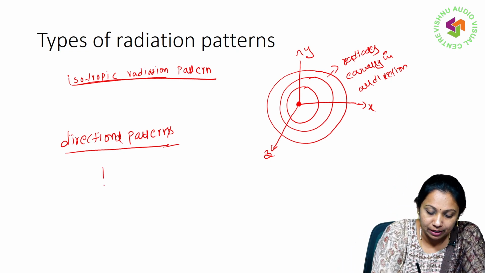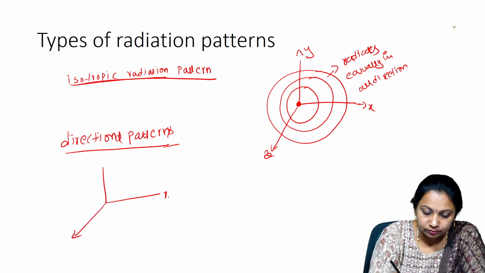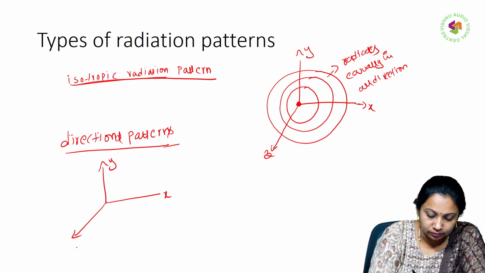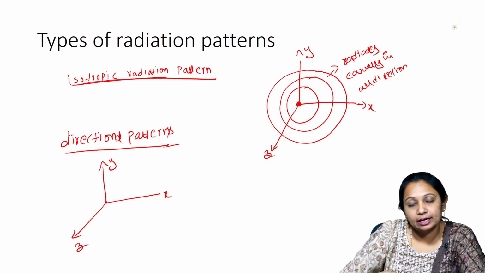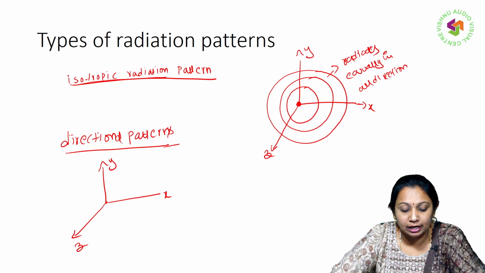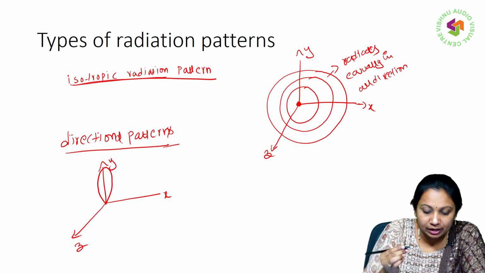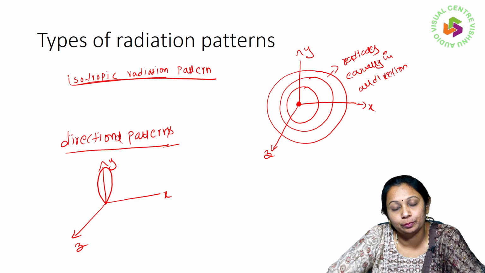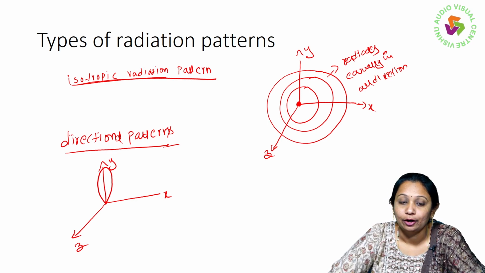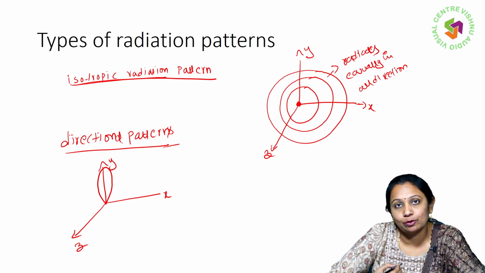For example, if the antenna is placed here, let us say that antenna is a directional pattern antenna. If it radiates along the y direction, then the maximum radiation direction is towards the y, or else it could be towards the x, or towards the z. The maximum radiation direction is in either one direction.